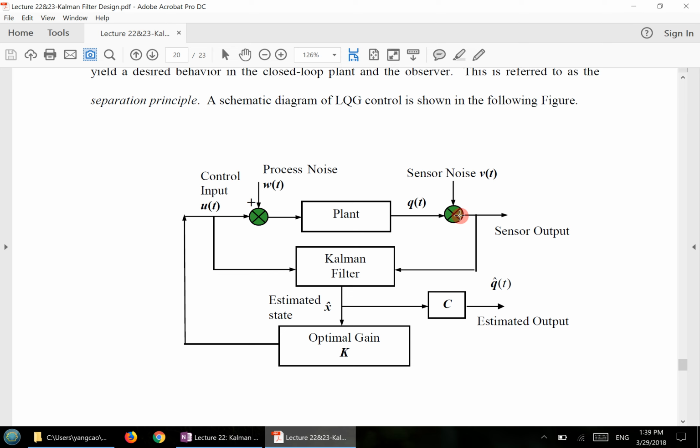Actually, this morning one of the groups showed me when he was using observer plus pole placement for observing and also control, and he noticed that the system output has a little bit of jittering all the way.